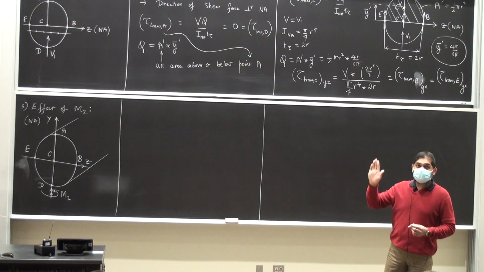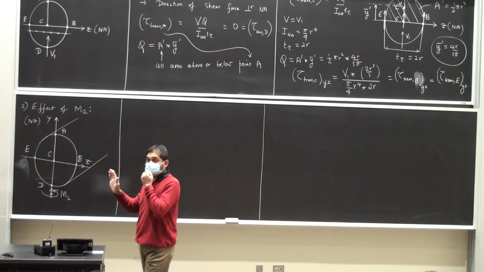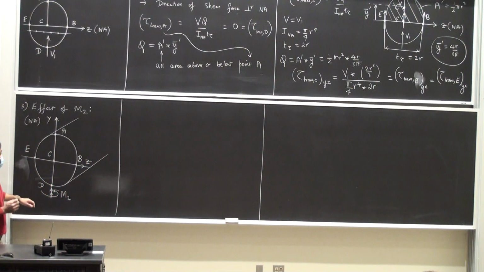Whenever I have a point on the neutral axis, there is no bending stress about that particular point due to the bending moment that is applied about that axis. Okay, so I don't have bending stresses due to the moment M2 about the point C, about the point D, and about the point A. So they are all zero.